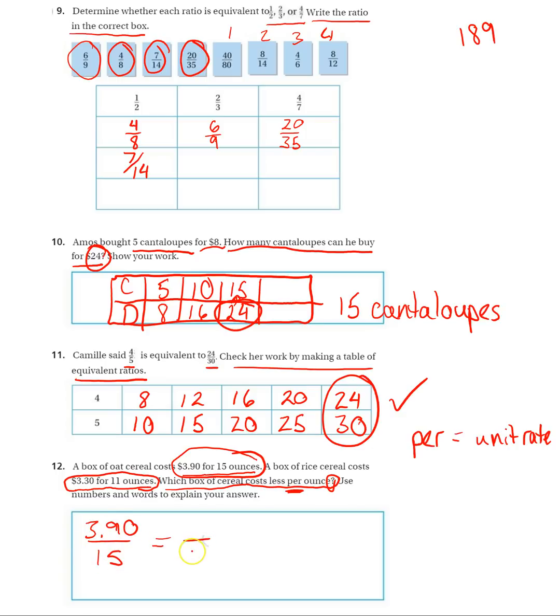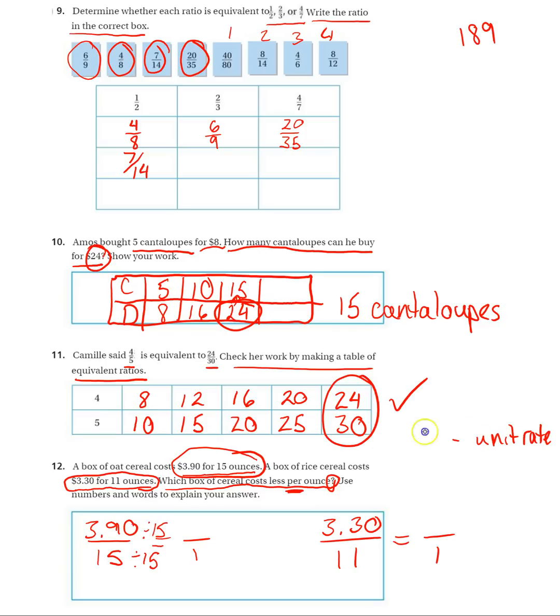I want to know how much it is for 1 ounce. And then I need to do the same thing with the other ratio, $3.30 for 11 ounces. I want to know how much 1 ounce is. Then I can compare these two amounts. Okay, so to get 15 to 1, I divide by 15. And then that tells me what I need to do to the top.